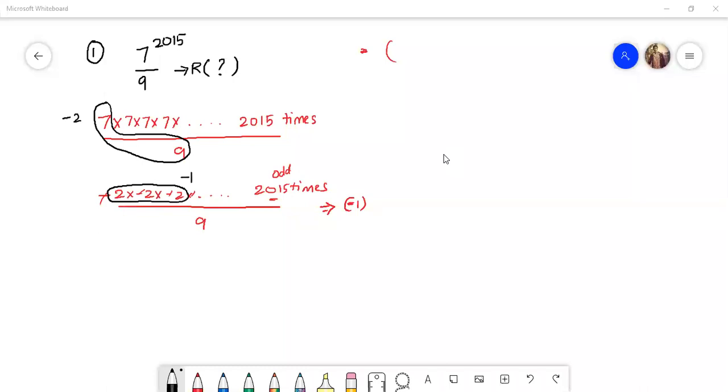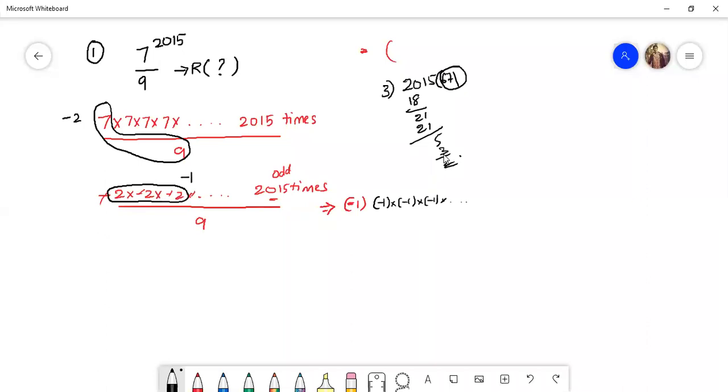Now let us find how many minus 1s are possible: minus 1 into minus 1 into minus 1 into so on. In 2015, how many triplets can I make? 3 6s are 18, 21, 3 7s are 21, 5, 3 1s are 3, remainder 2. That means I can make 671 triplets in 2015.